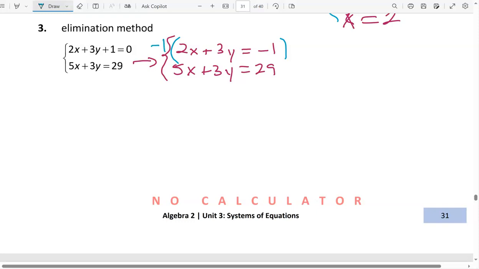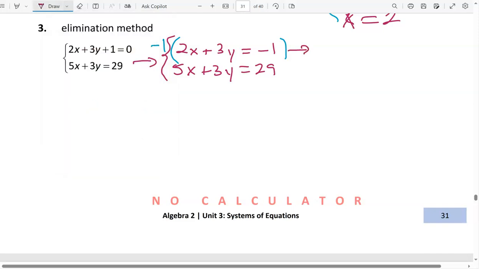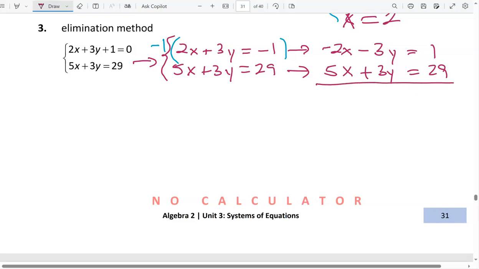That will allow us to have a coefficient of y that's the opposite of the coefficient in the second equation. So -2x minus 3y is equal to +1, and then I'll bring over that second equation, 5x plus 3y is equal to 29. Adding the two equations together, we get 3x is equal to 30, so x is equal to 10.